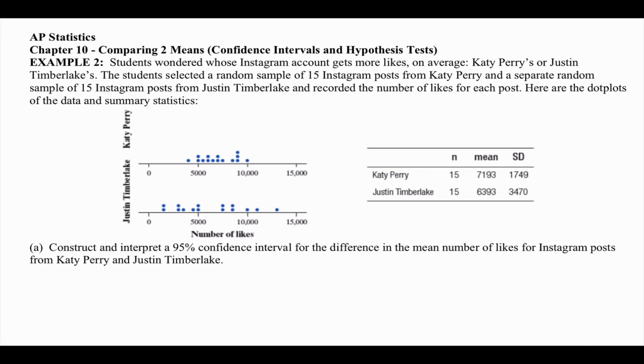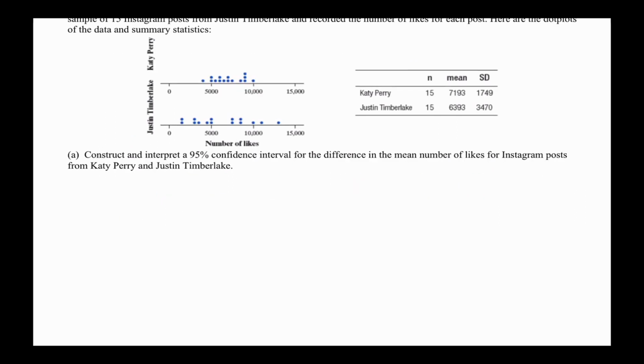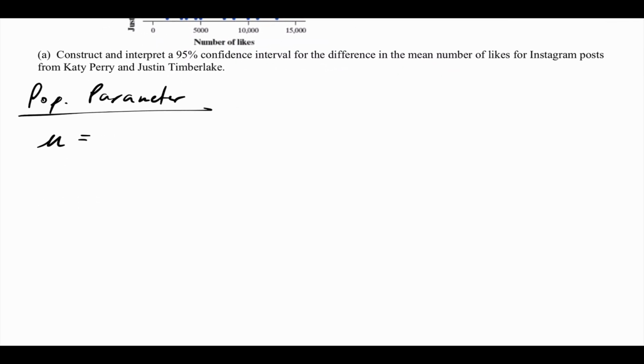If I had all of the posts, if I went through every single one of Katy Perry's posts and found out how many likes for each one, and same thing for Justin Timberlake, and subtracted them, that's the number I'm trying to calculate. Okay, so confidence interval, always start with the population parameter. We have two populations. So the population parameter, since it's means, we start with mu.